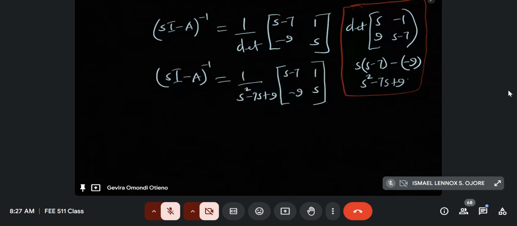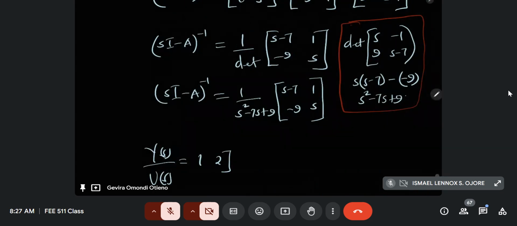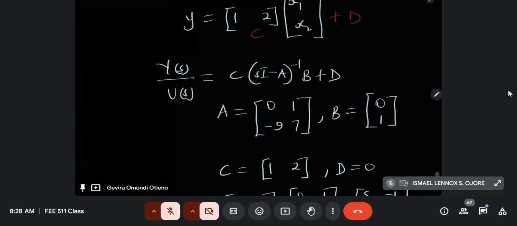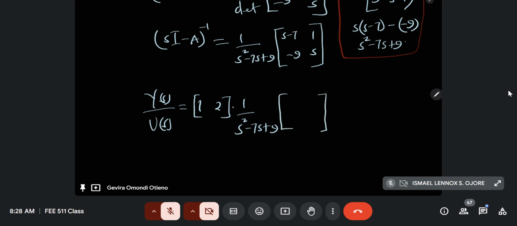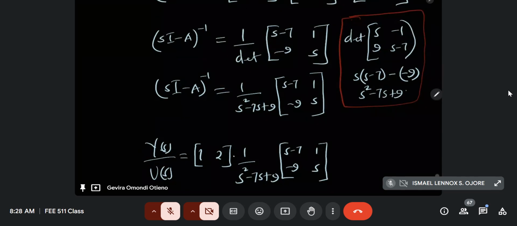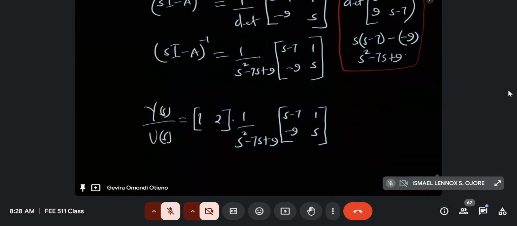So now I come back. Y over S over U over S should be equal to C. And what is C? C is 1, 2. So I'll have 1, 2 multiplied by, so C is multiplied by the inverse matrix. So multiplied by 1 over S squared minus 7S plus 9 of this matrix here, S minus 7, 1, minus 9, S, and then followed by B plus D. So B is what?